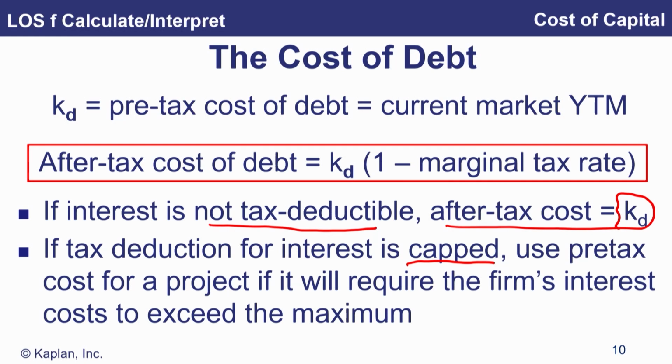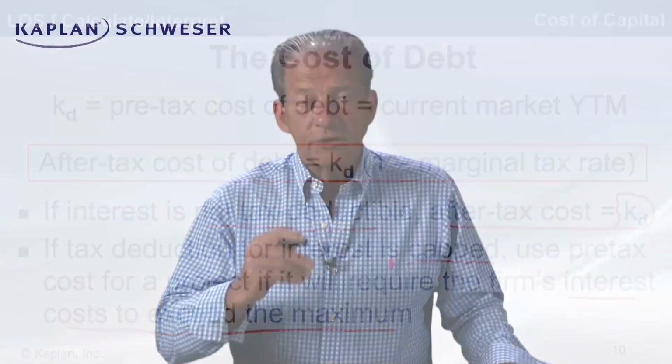Well, in that case, we're going to use the pre-tax cost for a project if it will require interest over the maximum. Because remember, our calculations are at the margin. So if it says, oh, well, you can deduct a maximum of $5 million in interest costs each year, after that, no more deduction. So if you're going to exceed that $5 million in interest costs, for every dollar of capital raised past that, you want to use your pre-tax cost of debt. That is, no tax deduction.